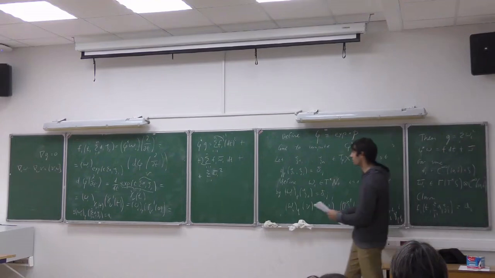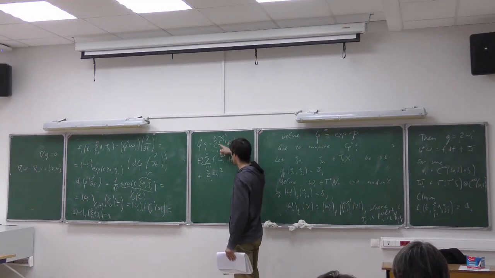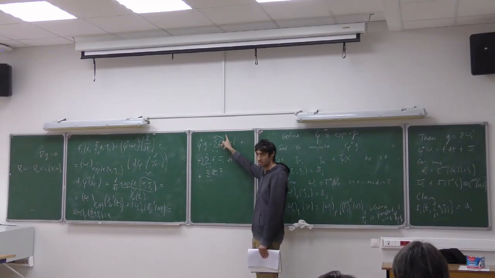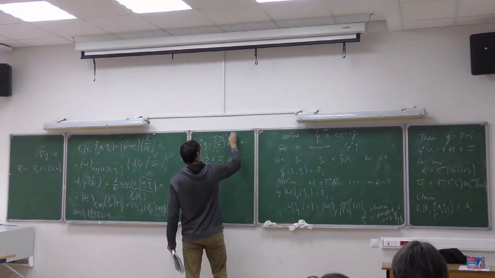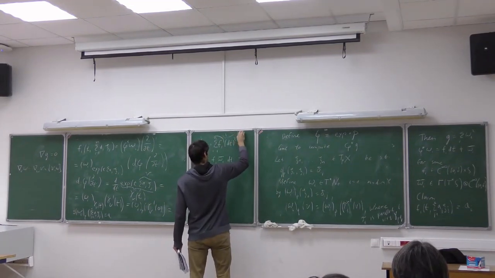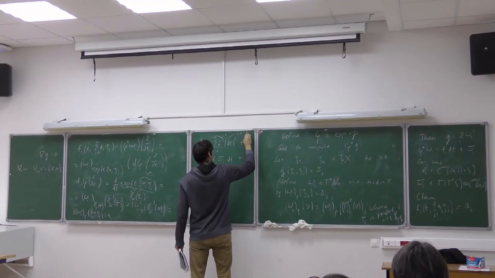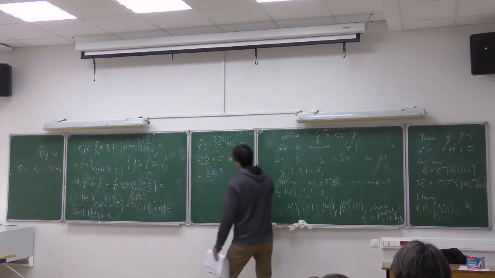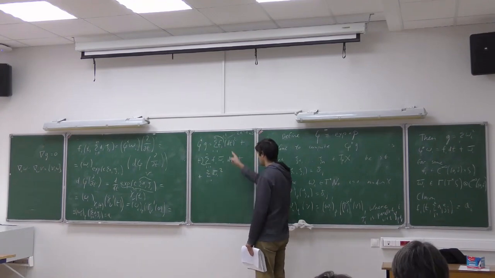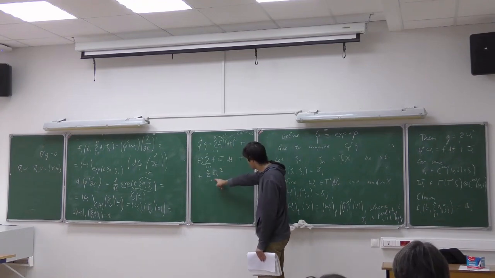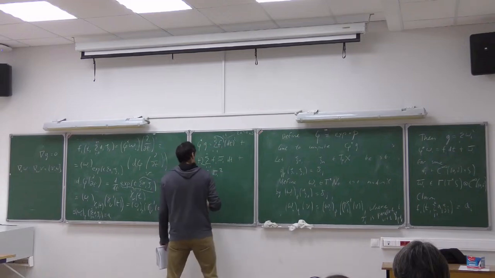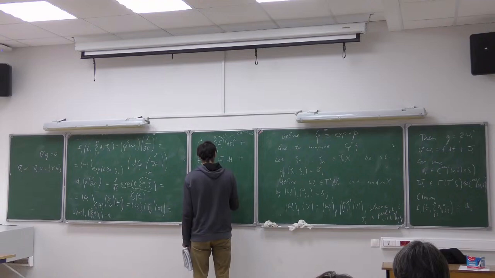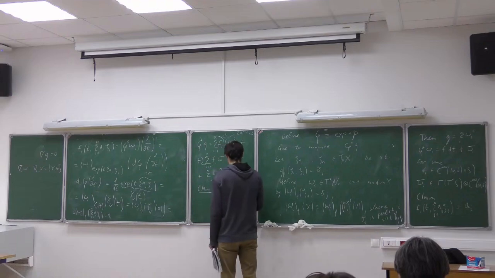So the sum of f_i squares is just a constant function that gives you 1. Right, so I will have dt squared plus omega_i squared. So now my goal is to see that this term, the sum over i of f_i omega_i bar, is 0.